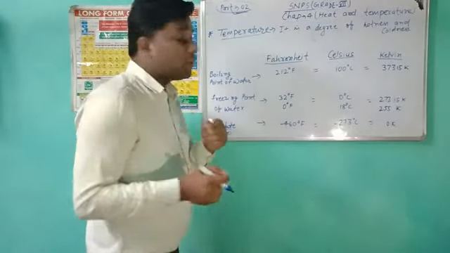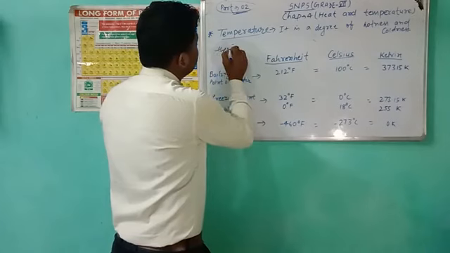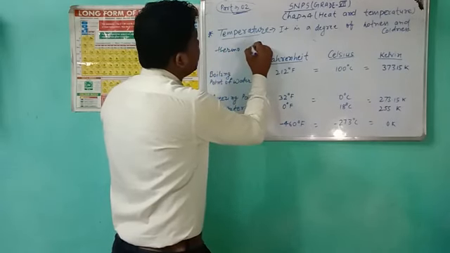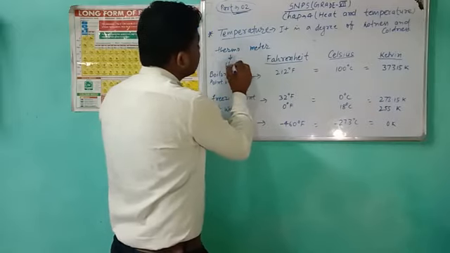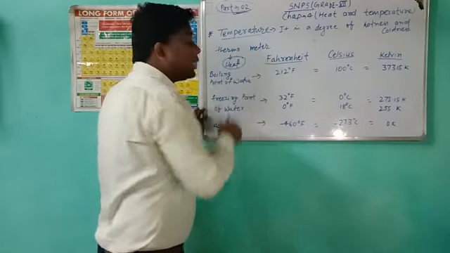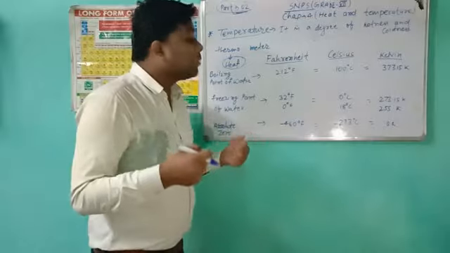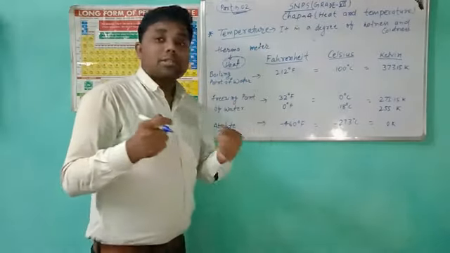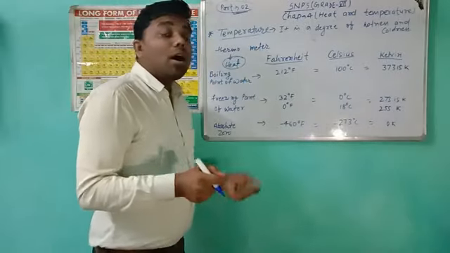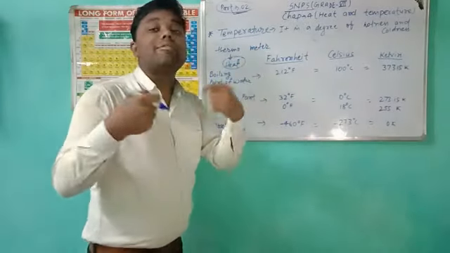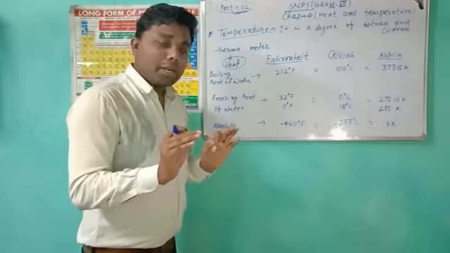Thermometer has two parts: thermo and meter. Thermo means heat, and meter means a device, an instrument. So what is a thermometer? A heat measurement device. Clear?